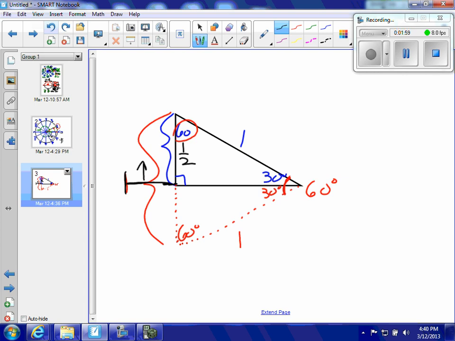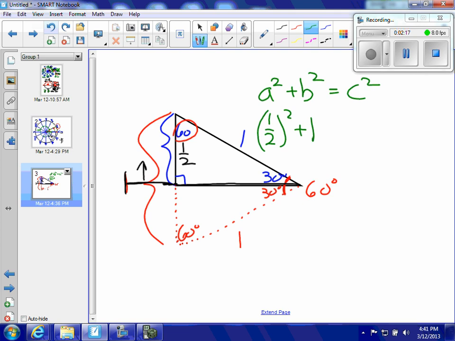Well, now I can calculate this remaining side. Because I know, thanks to Pythagoras, that a squared plus b squared equals c squared. And a squared I'm going to call 1/2, so I'm going to go 1/2 squared, plus b squared is my unknown side, and c squared is my hypotenuse, so that's 1 squared, that's equal to 1.